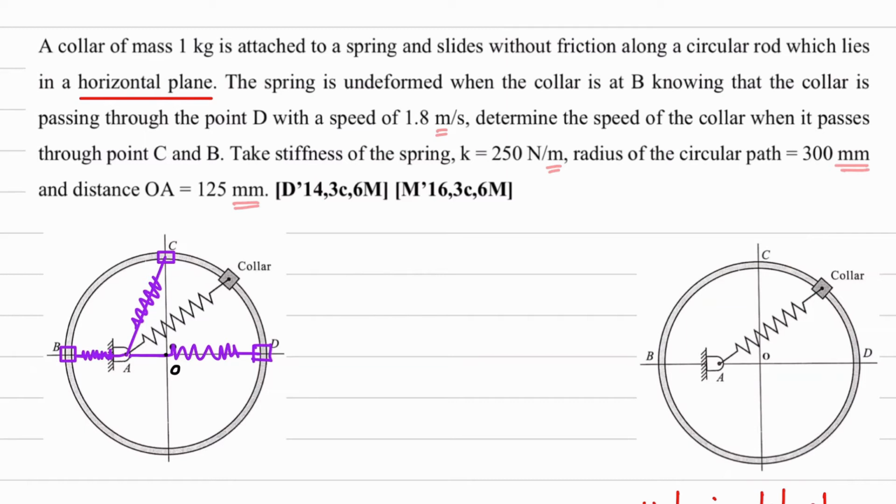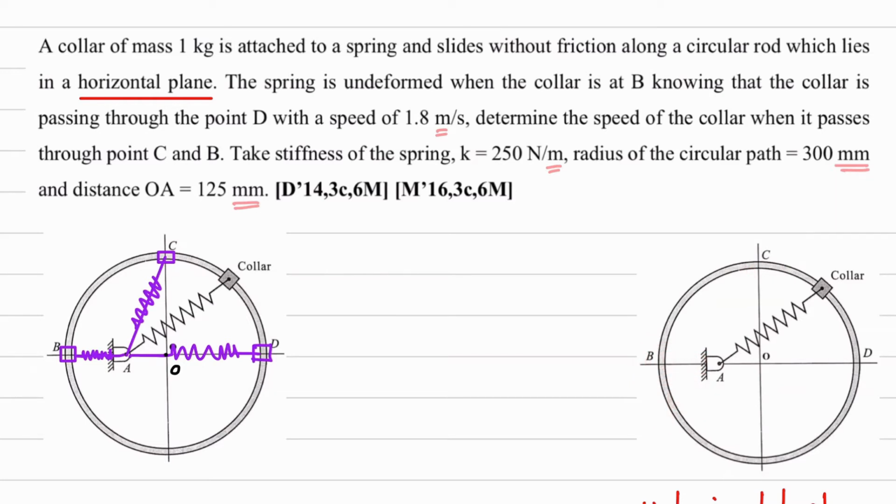First thing is that. Now second thing, what do you think? When the collar is at position B, this is the undeformed length. So when the collar is at C or B, there will be tension or compression in the spring, meaning the spring will be expanded or compressed.